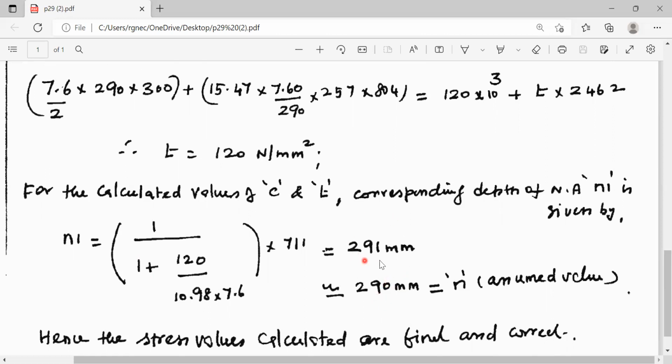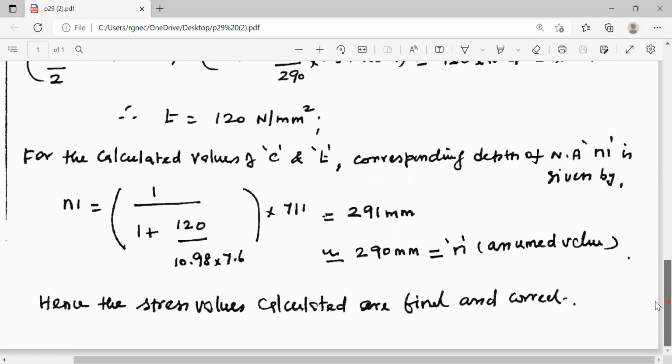Suppose the actual value of N based on calculated value of C and T is coming to 280 mm, then you have to try the next trial by reducing the value of 290 mm to 285 mm. Then the convergence will take place, and there is no difficulty in this. You have to make 1 or 2 trials in the range of 0.3D to 0.4D. Then you will get convergence.